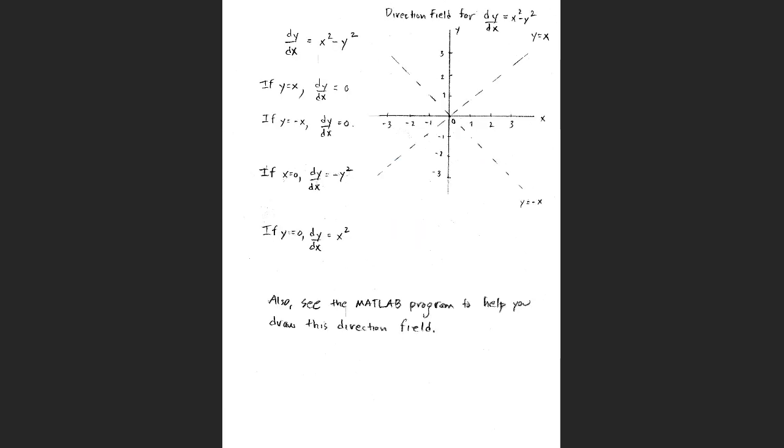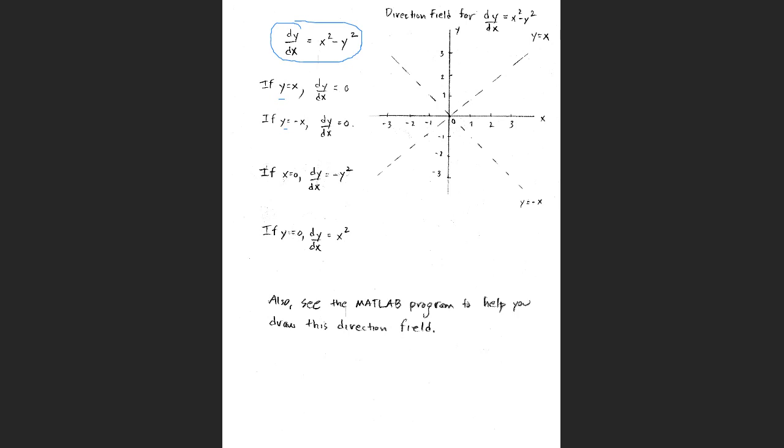So here on this page, here's the differential equation, and I'm going to pick helpful values and equations so that I can graph the direction field for this differential equation.